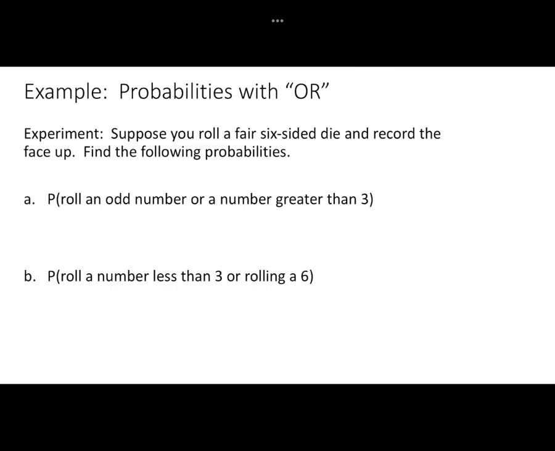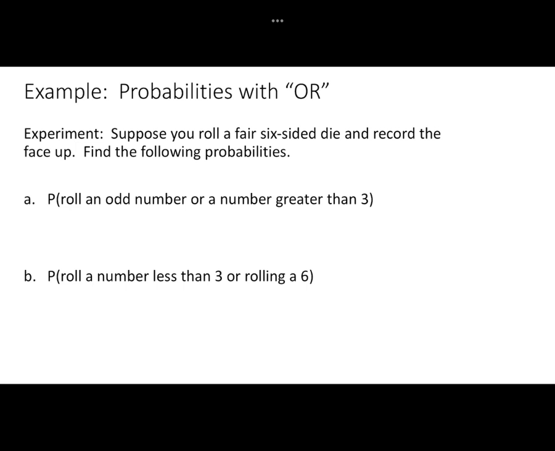Let's look at some examples. Let's suppose we roll a fair six-sided die and record the face up. Let's find some probabilities. What's the probability that you roll an odd number or a number greater than 3?